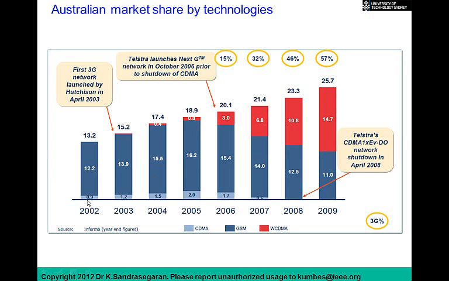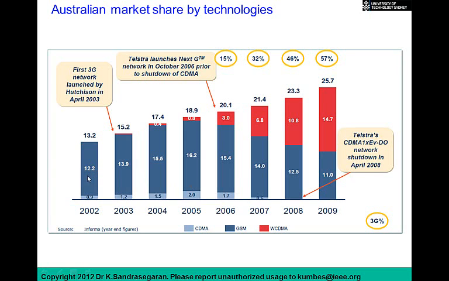The CDMA 2000, which is represented in gray here, grew a little bit from the time it was launched, but by 2006, Telstra, which was running the CDMA 2000 network, decided to switch it off and replace it with wideband CDMA. So the number of subscribers on CDMA 2000 decreased, and eventually the network was shut down in 2008.